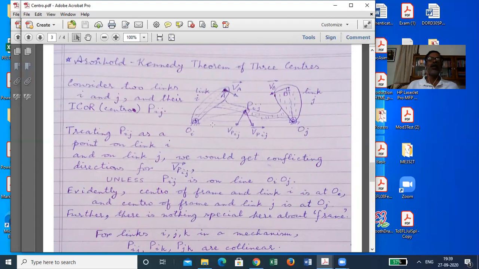So only in that case we will get a consistent direction of this velocity. Otherwise, you will have inconsistent directions.